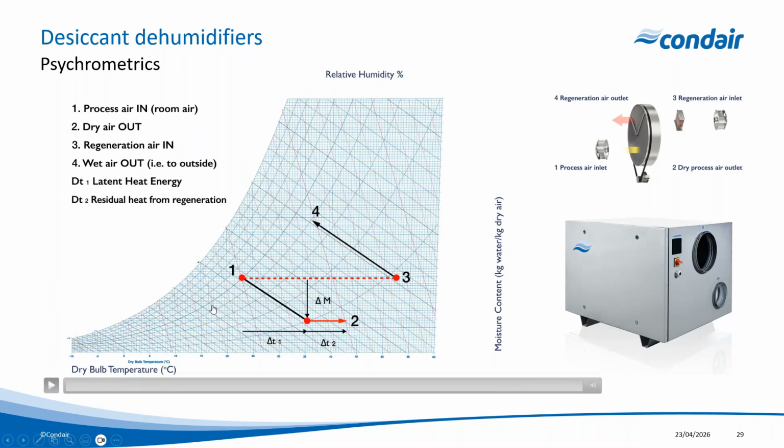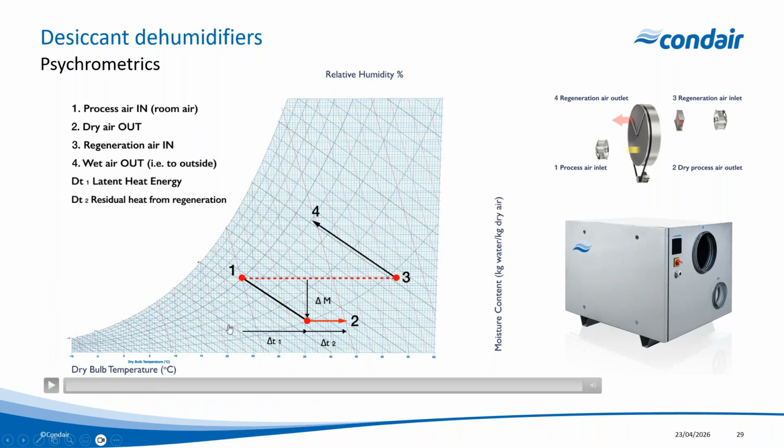If we follow the line of enthalpy back up, we know in order to achieve that 30% RH at 20 degrees C, I'm going to have to pre-cool the air that's required to go onto that desiccant rotor. So if I've got an ambient condition at 30 degrees C at 12 grams, I'm going to be up here somewhere. So I'm going to have to cool down prior to the dehumidifier and then dehumidify to get me down to the condition I want.